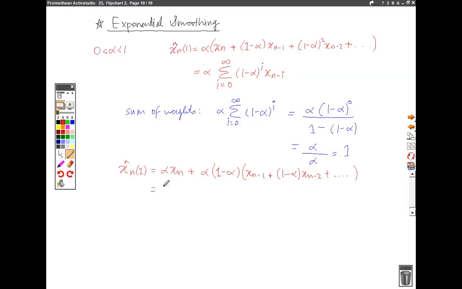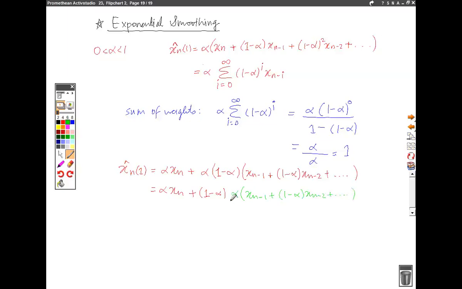Now, if I take this 1 minus alpha as common, and write the rest of the terms as they are, I have alpha times xn minus 1 plus (1 minus alpha) xn minus 2, and so on.